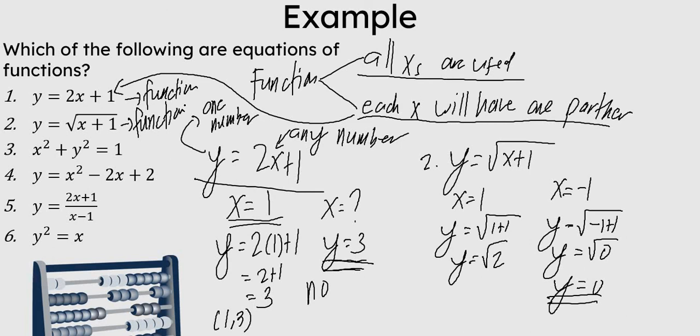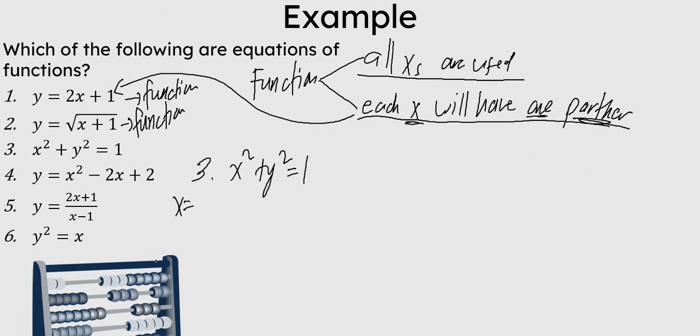However, let's take a look at number 3. So far, we've been getting that if we solve the equations, we get just one value of y. Will we have that here in number 3? Let's say x equals 1/2. If I replace that there, I will have 1/2 squared plus y squared equals 1.